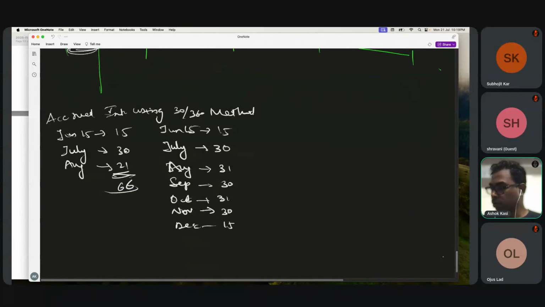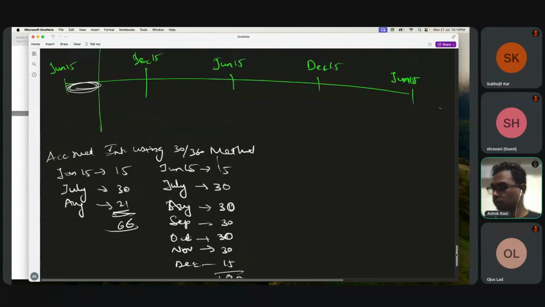Now you add up all this. This is 30 by 360, so each month is 30. Adding up, it comes to 180. Is it okay? 180.